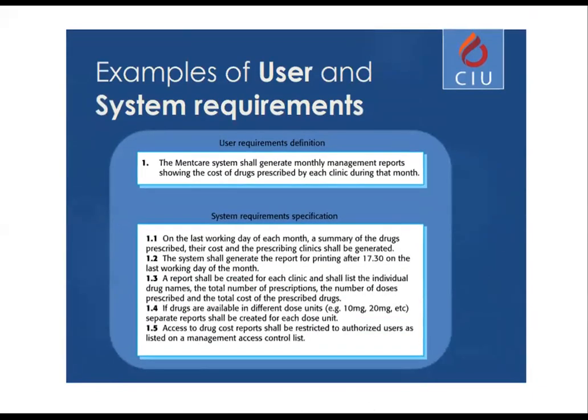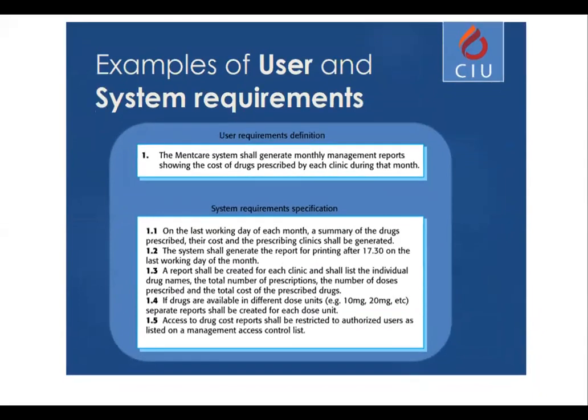Here are some examples that you can see. The care system shall generate monthly management reports showing the cost of drugs prescribed by each clinic during that month. So whenever you define a user requirement for a system for generating reports within that month that will show the cost of drugs, it doesn't tell you how you're going to do it.